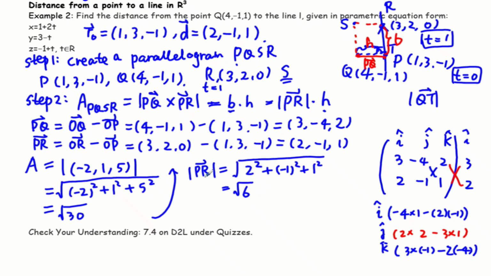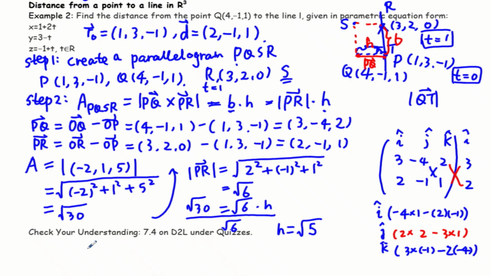So the area equals this one, base times height. Square root 30 equals square root 6 times height. In order to find the height, we move the square root 6 to the other side. Then the distance is square root 30 divided by square root 6, which is square root 5.